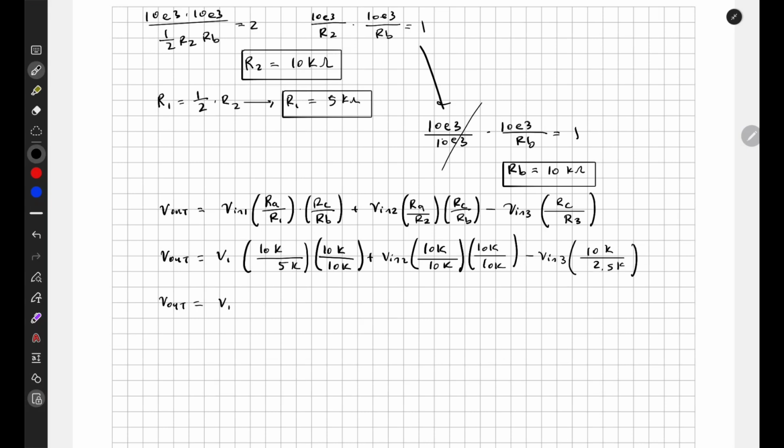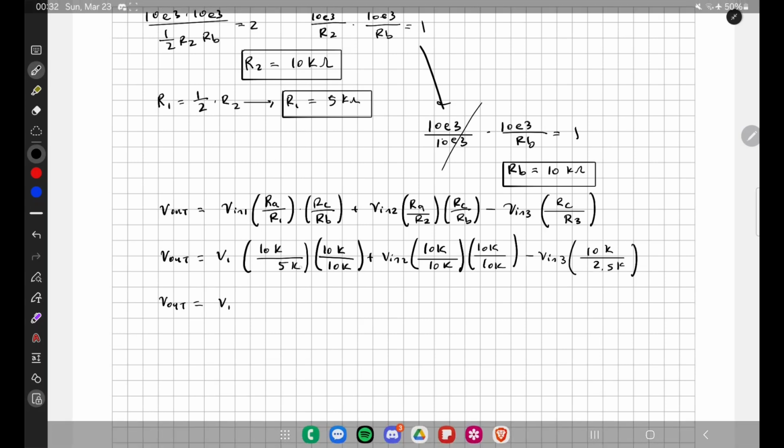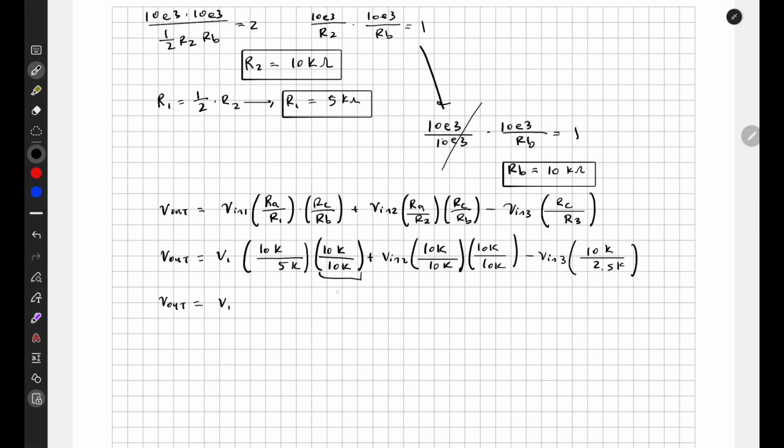Okay, so we solve and simplify. The coefficient in front of V1, this is cancelled to times 1, so then this is 2 here, so times 2, plus the V2 term, the coefficient, this cancels and this cancels, just times 1, and then the last one, this is 10 divided by 2.5 is 4.